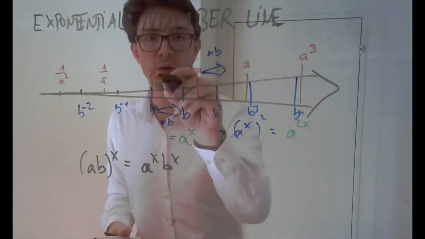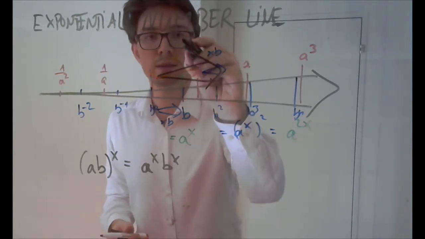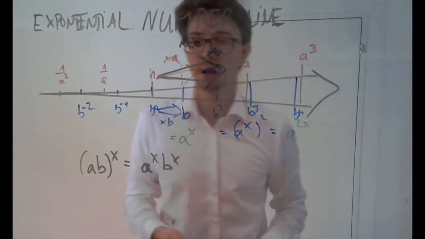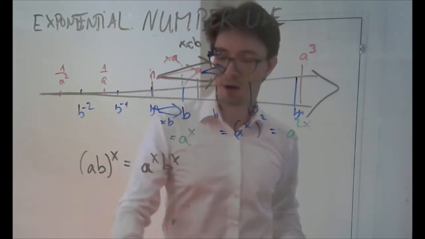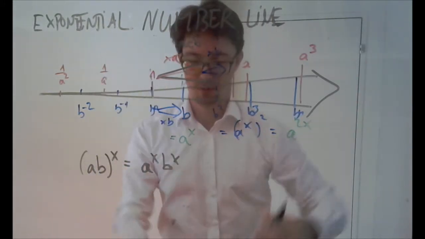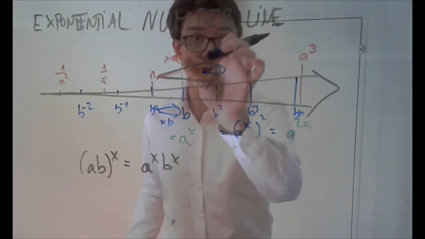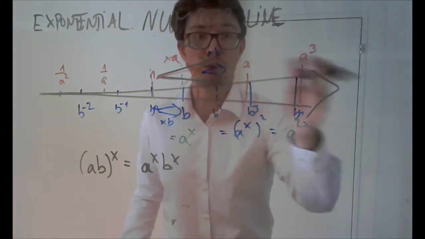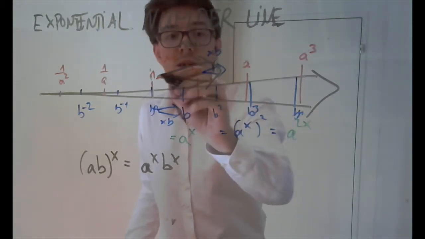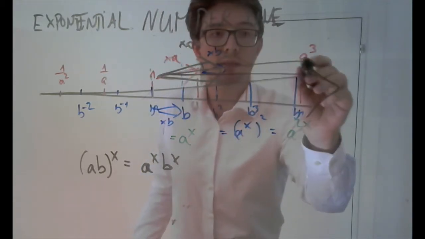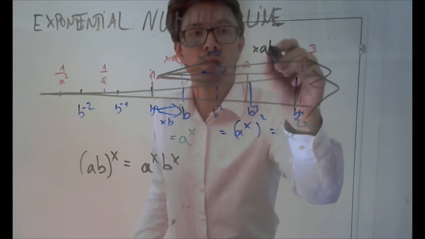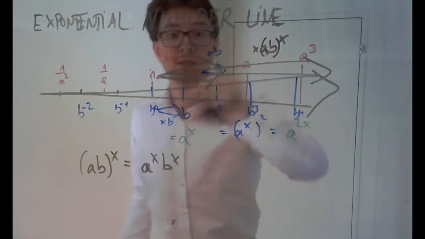So this whole thing represents multiplication with AB. And we take the x power of it, that is, we scale it up even further. So maybe just some integer number of copies, but maybe it might be some other kind of scaling. So let's scale it up by a factor of x on paper.